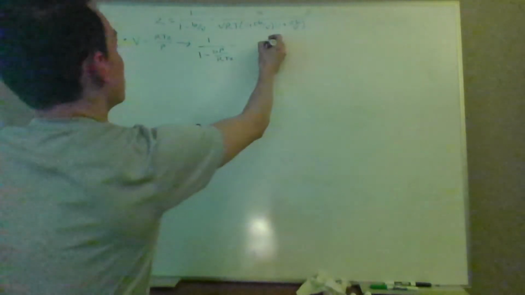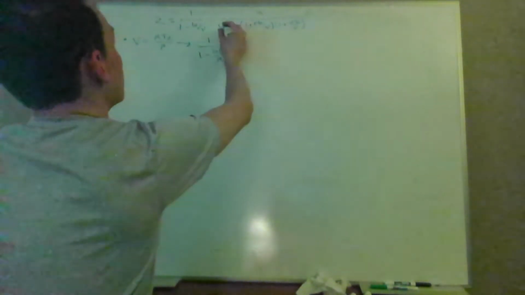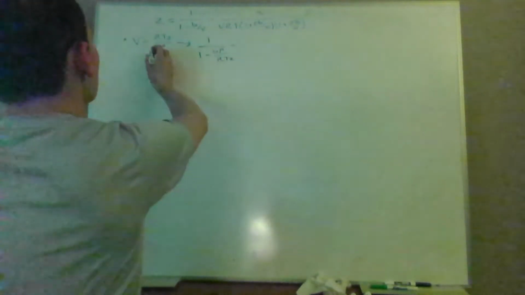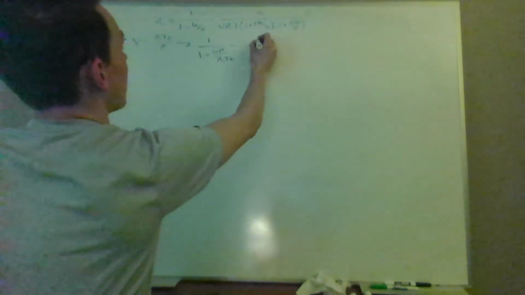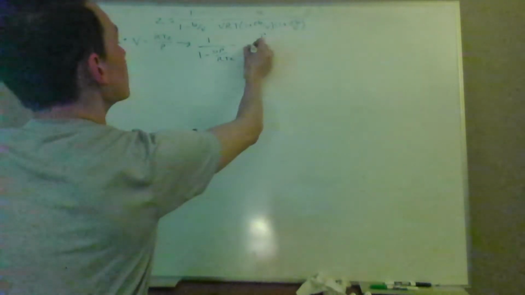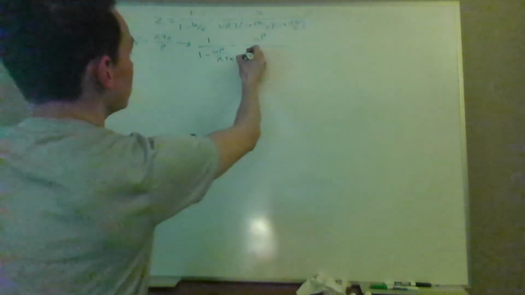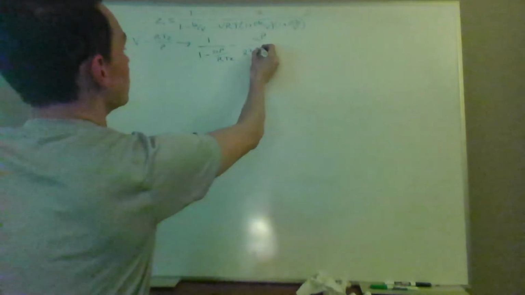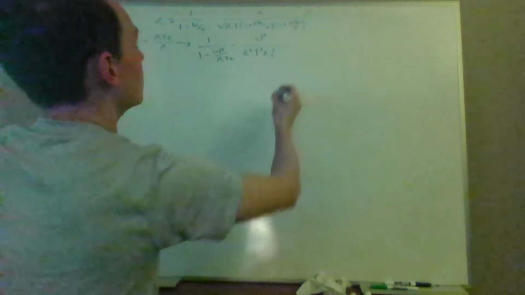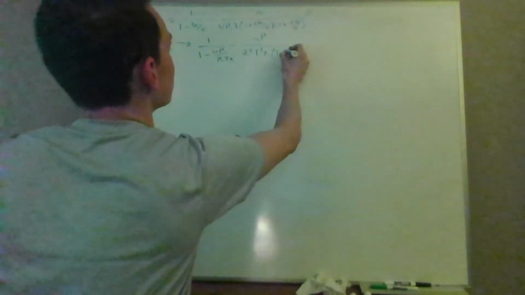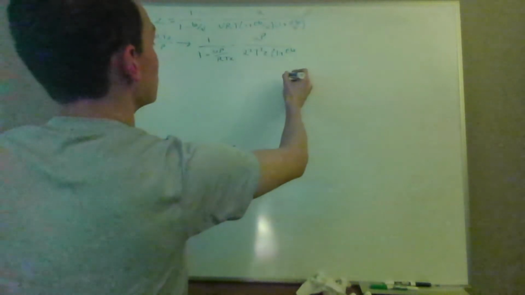Okay? And then A, so once again, this is on the bottom, so we can flip that fraction, and put the pressure up here. And then we have RTZ times RT, so we can do R squared T squared Z. Okay? 1 plus epsilon B.